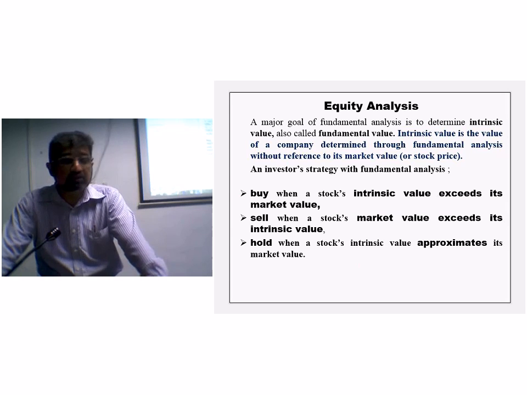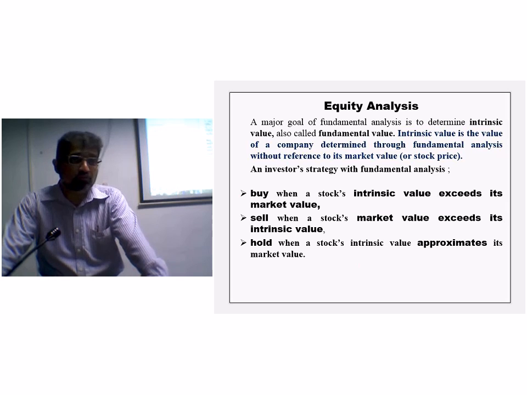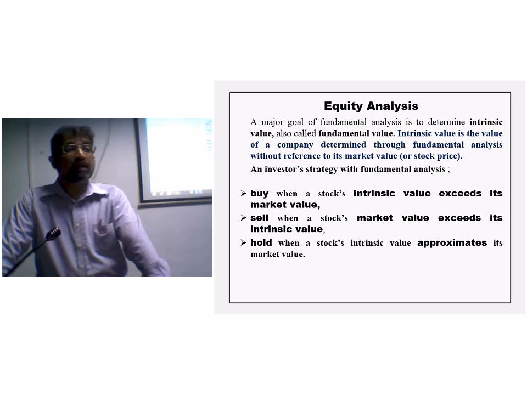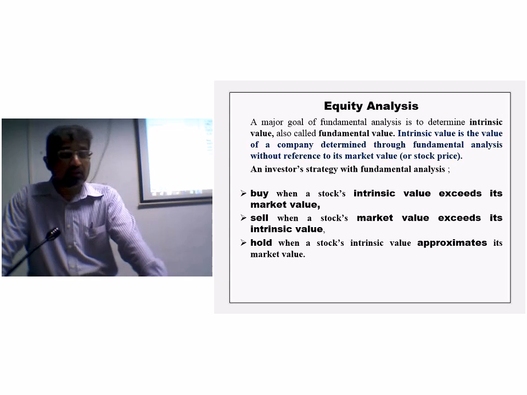At the very first day we discussed how to make decision based on the intrinsic value and the market value. They have to compare intrinsic value and market value, right? If market value is less than intrinsic value, what is the decision? They can buy. It is better to buy that type of assets or the shares.